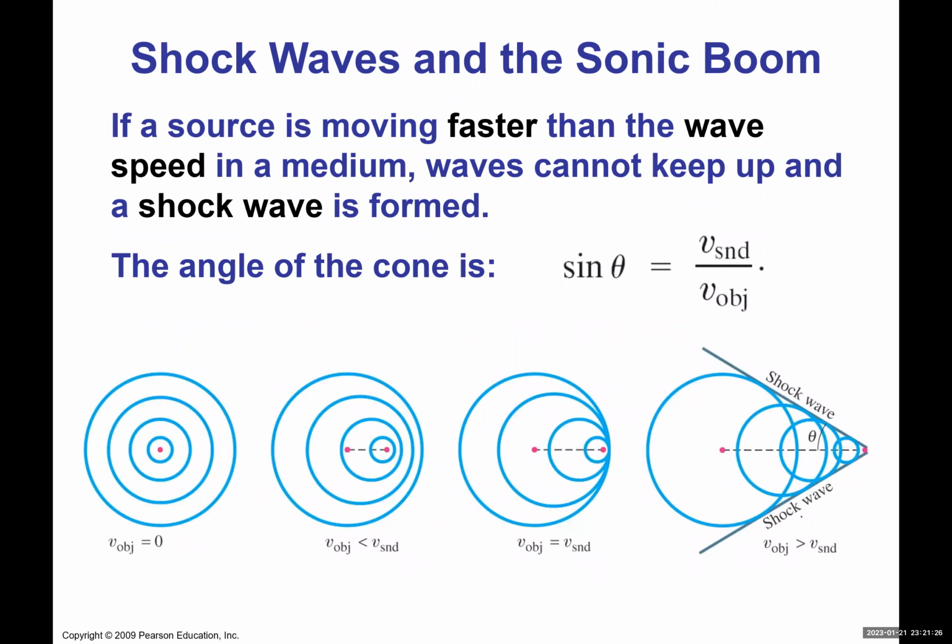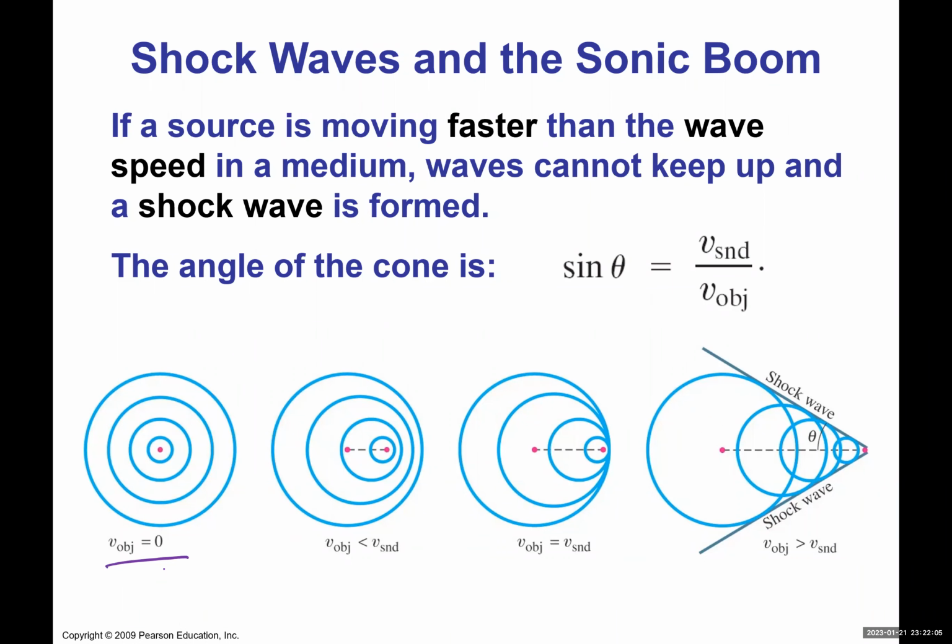All right, so the last couple of concepts we're going to talk about here are shock waves and sonic boom. As we talked about, a moving object can create this Doppler effect. Here we have an example where you have a source generating a wave. If the object is at rest relative to the source, then you basically have no effect.